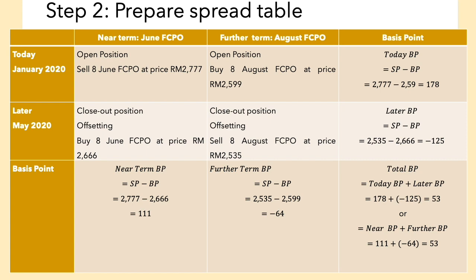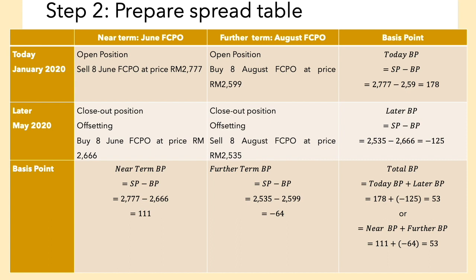So today, in January 2020, you open a position: sell near-term futures, and at the same time buy further-term futures. So you sell 8 June FCPO contracts at 2777. At the same time, you buy 8 contracts of August FCPO at price 2599. Later on, when it comes to May, you can look at the second row. You need to close out your position for both the June and August FCPO contracts.